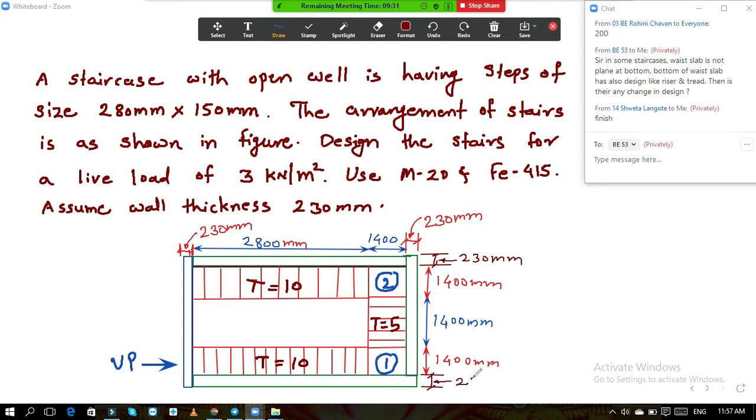Now we need to design the open well staircase for this. Draw the diagram and let me know once you finish.